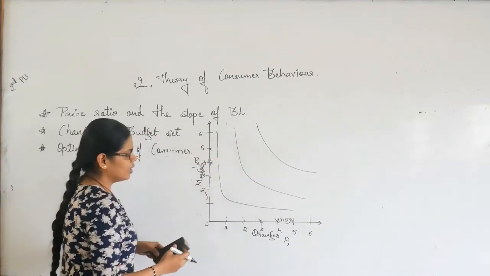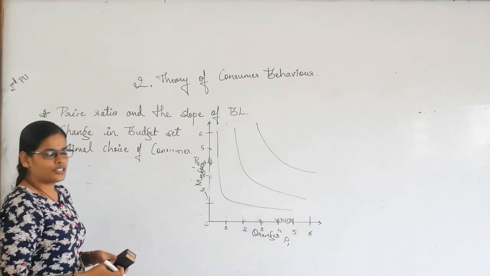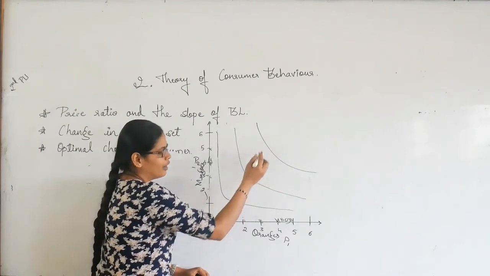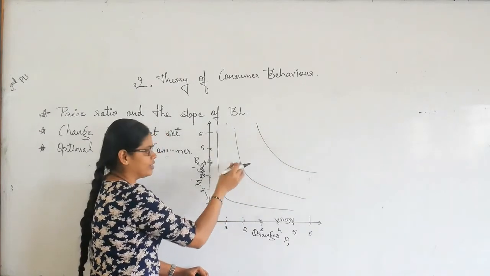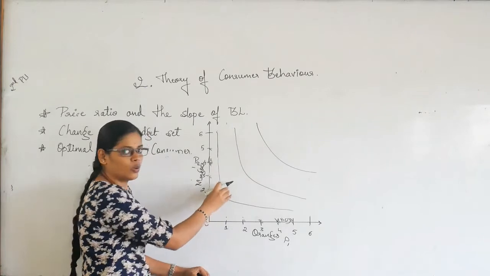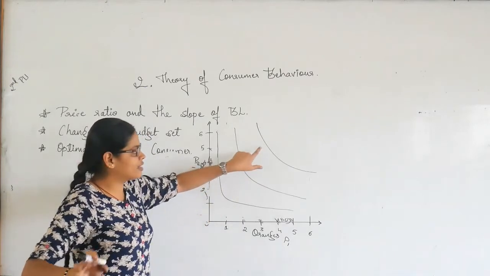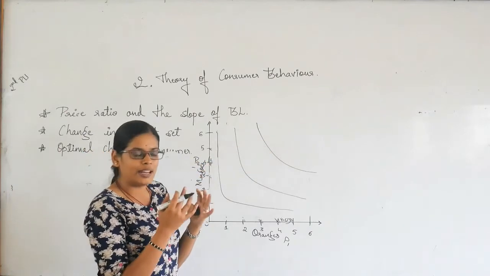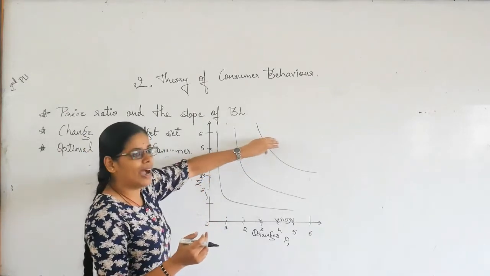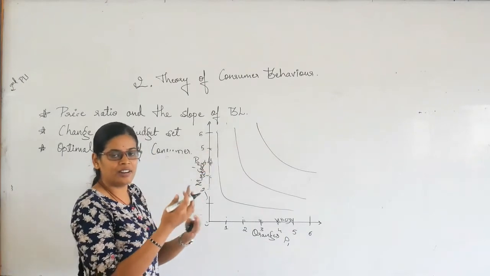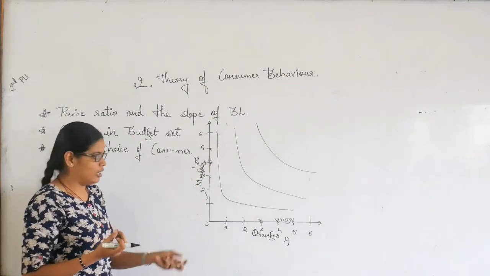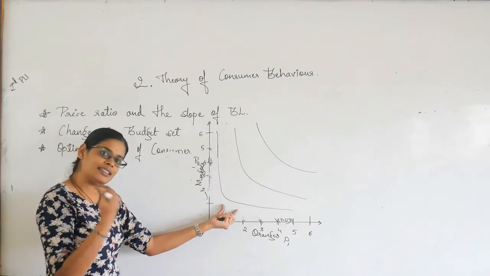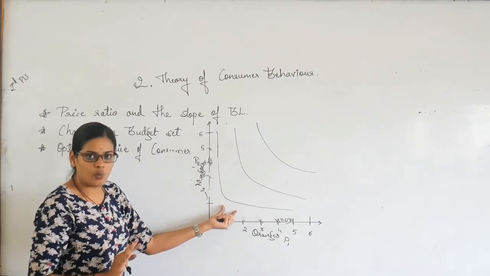So that's the MRS, marginal rate of substitution. Now, the optimal choice of the consumer: we have seen three indifference curves, right? This is the higher indifference curve, this is the medium, and this is the lower. The higher indifference curve is the curve where goods tend to be bought in bulk with higher satisfaction, and these are products which have a cheaper cost, but this also satisfies our wants.